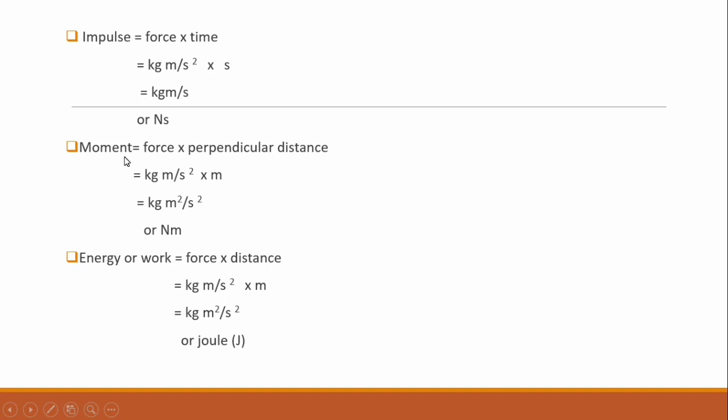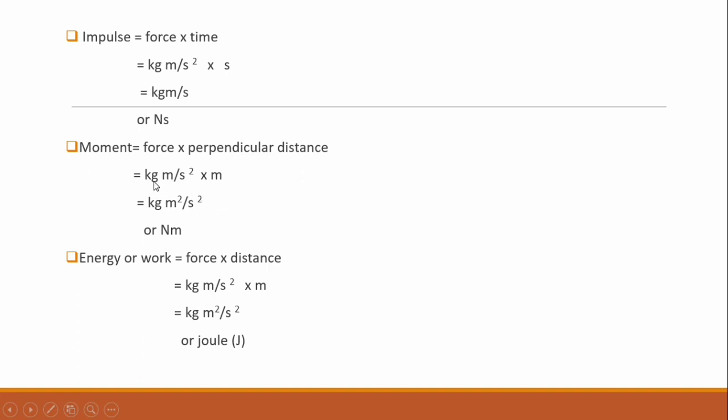Next is moment. Moment is force times perpendicular distance mathematically. Force is kg meter per second square, and perpendicular distance is in meter. So if you do the mathematics, kg times m gives us kg meter square per second square.